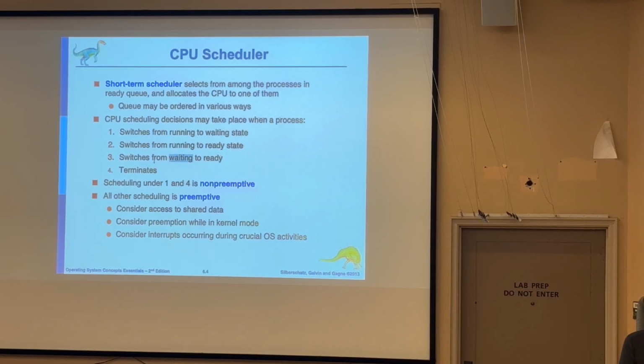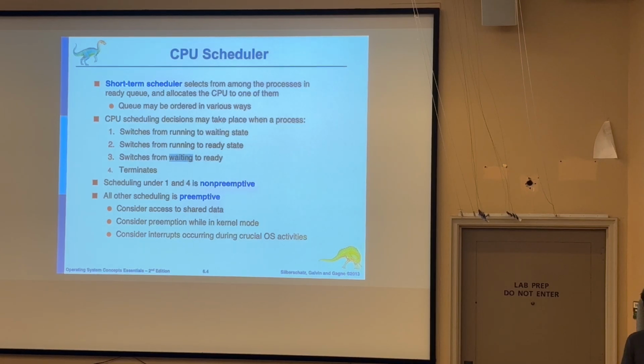And number 3 is the same. Switching from waiting to ready means that there is an interrupt. Some I/O has finished. This finished I/O triggers an interrupt, and this interrupt could force the current process to be switched off if this I/O is finished for a process that has a much higher priority than your current process.